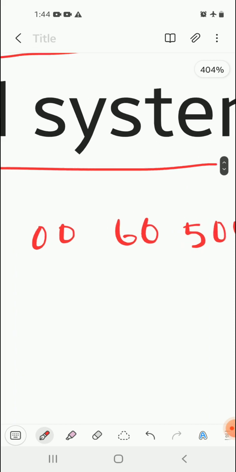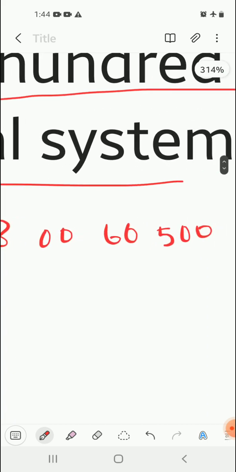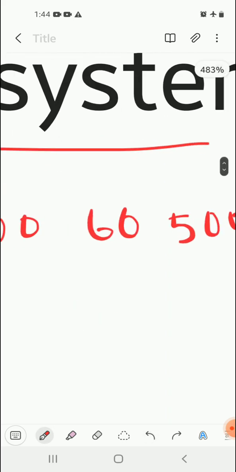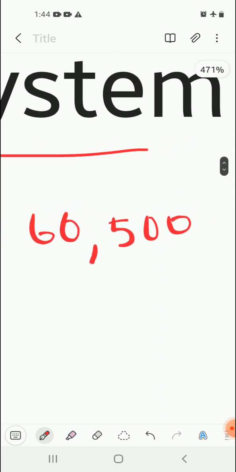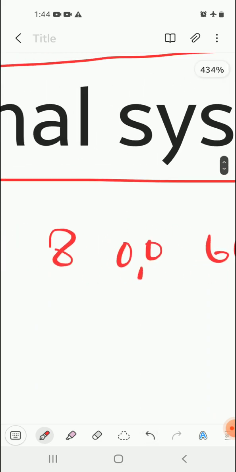The international system says that we have to put commas after every 3 digits, starting from the right and moving towards the left. So the first comma will be here. Next comma, leave 1, 2, 3 digits, then put a comma here, and then this is left.